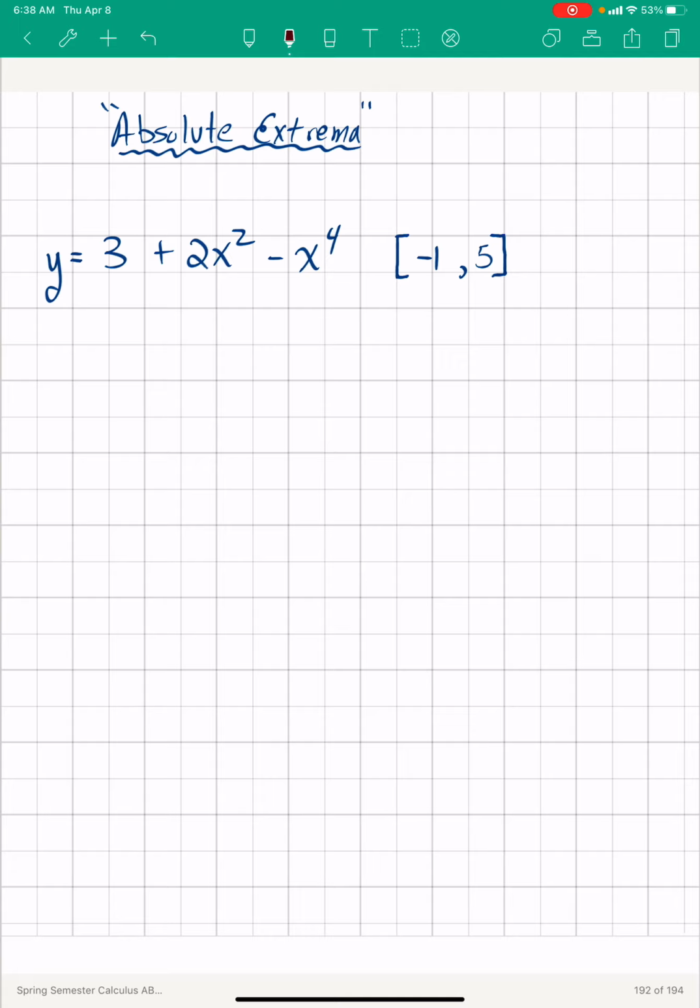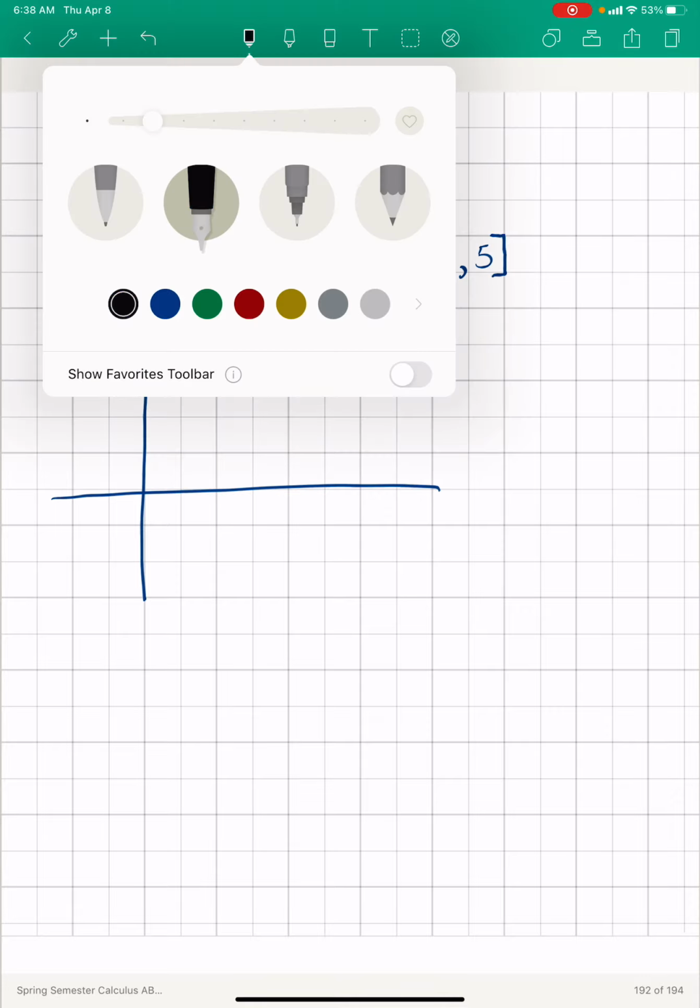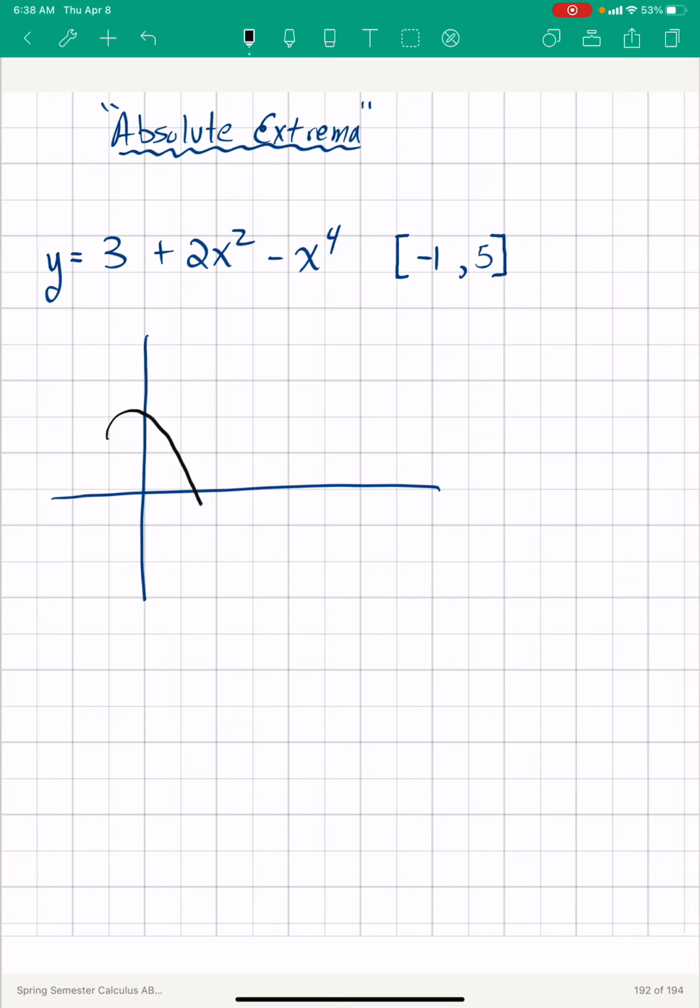So, absolute extrema. Let's just remember what this means. If I am looking at any function, and I specify an interval with which I'd like to look at a continuous function, let's say something between a, f of a, and b, f of b.